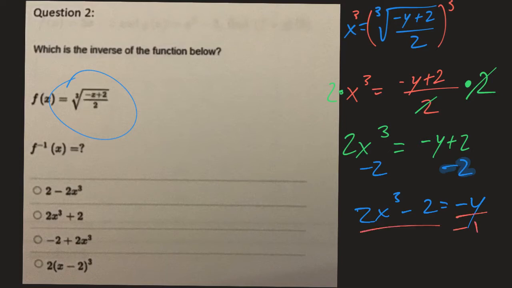Divide by negative 1, and we've got negative 2x cubed plus 2 is the y, which is f inverse of x. Once I've got that y by itself, I know I have the inverse. So we're going to look for that answer choice, and you can see that it's actually this first one. They just have the order flipped. So this is the same as this one, and it's just got that order flipped around.